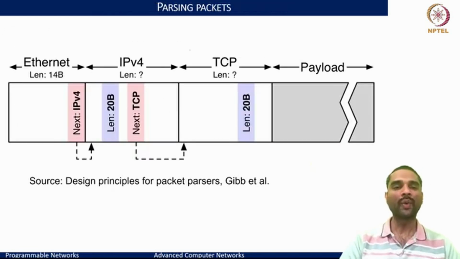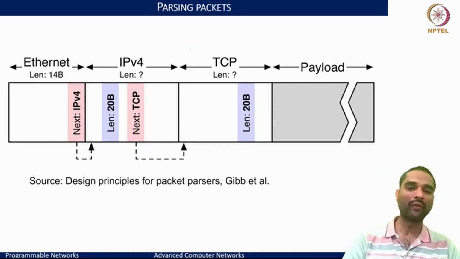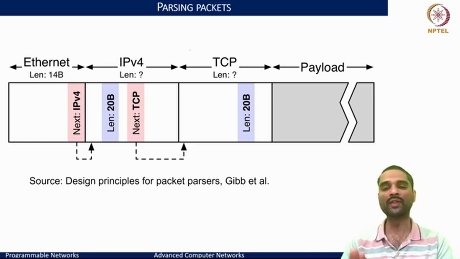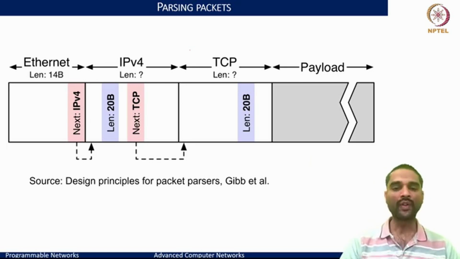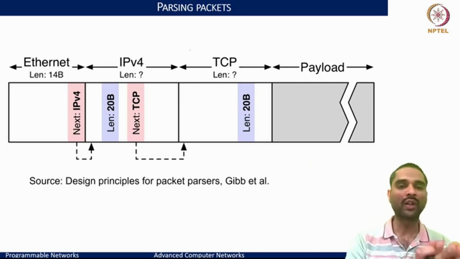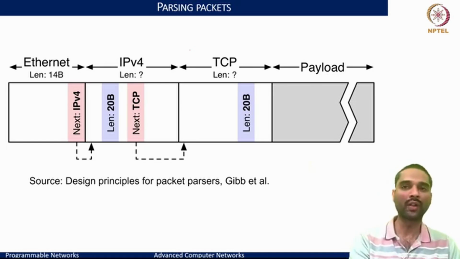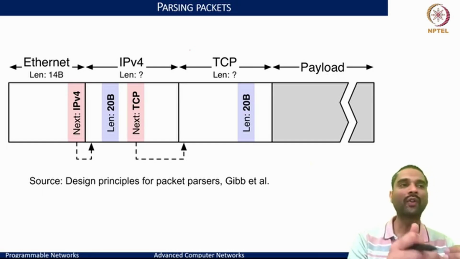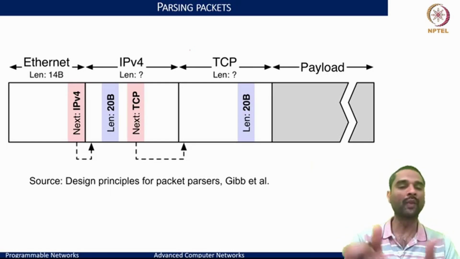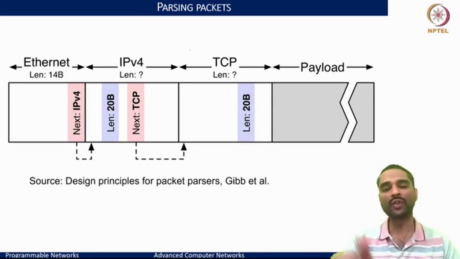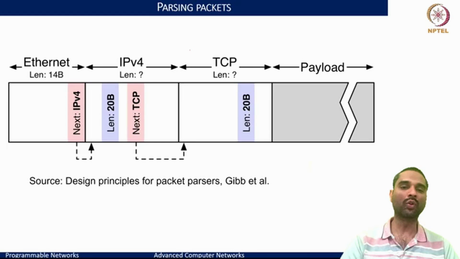So to look at how the parsing really progresses, say we have a typical packet with Ethernet of 14 bytes followed by IPv4 and then TCP and payload. The first aspect is that you start with offset 0 and progress towards looking at the Ethernet header. So you parse the first 14 bytes, identify what is next, that is the ether type, and if the ether type happens to be IPv4, 0x8000 or the value corresponding to that, you would see what is the next entry you would want to look up.